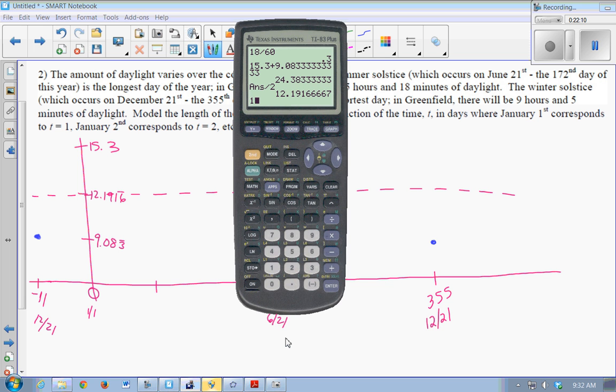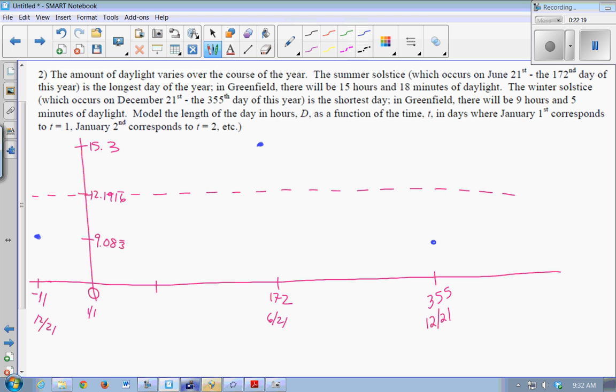So 172 minus 11 divided by 2 is 80.5. So 80.5 hits the midline. I guess that's the 81st day, but a mathematical model is something where we take this mathematical thing and try to make it match what happens in real life. Not always a perfect matchup.